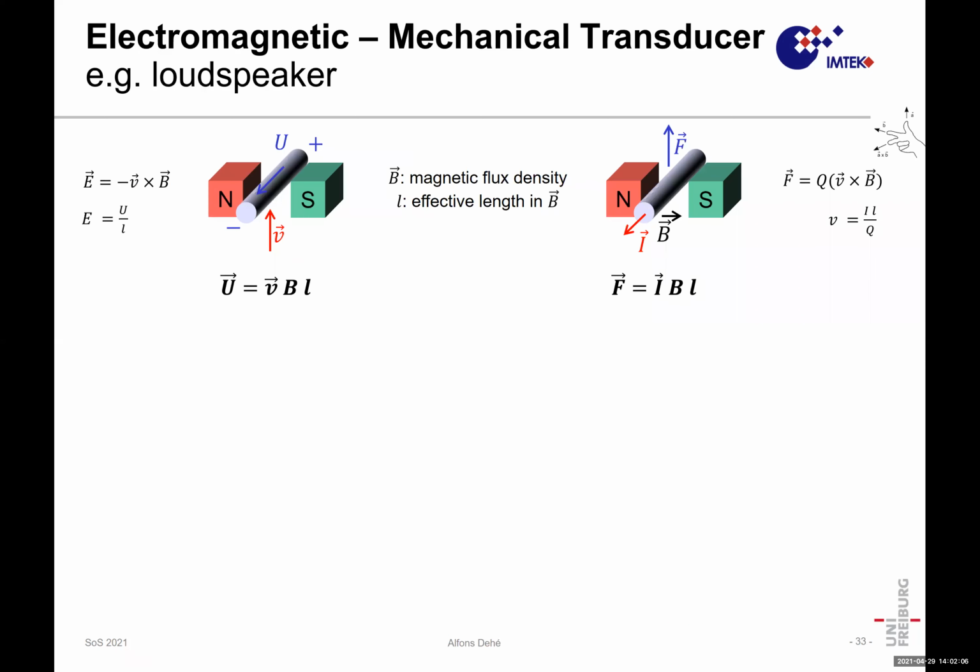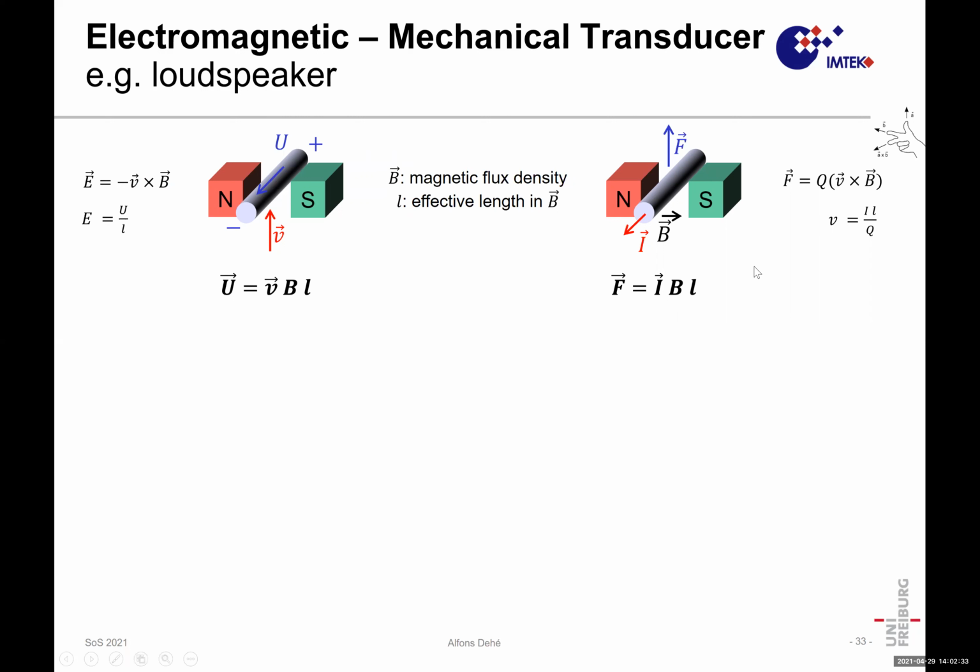So there's also a simple explanation how you can do this for a magnetic mechanical transducer, like a loudspeaker. We have voltage generated by a moved coil or inductor in a magnetic field, or we do it inverse. We have a current through a coil generating a force when the magnetic field develops in here.